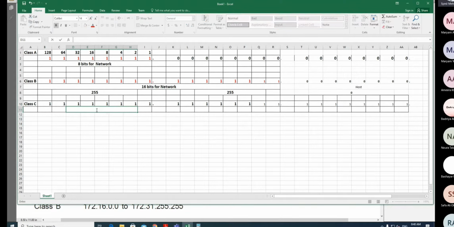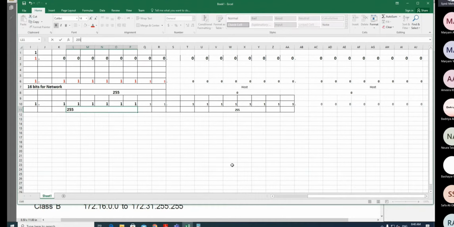This is again 255, and this is also 255, because if you add all bits together, it becomes 255. So this is 255, this is 255 and 255, and the last bits are 0, so it is 0.